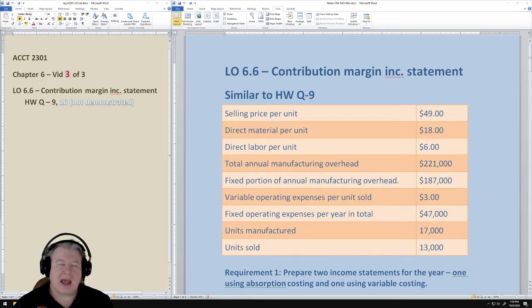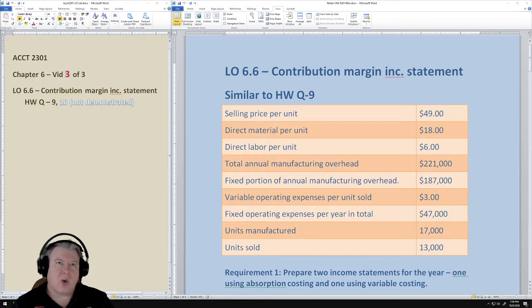We're going to be looking at an absorption costing method and a variable costing method. The absorption costing method is what you traditionally learned in your previous course, and in the managerial course, we're going to be learning variable costing, to compare and contrast.